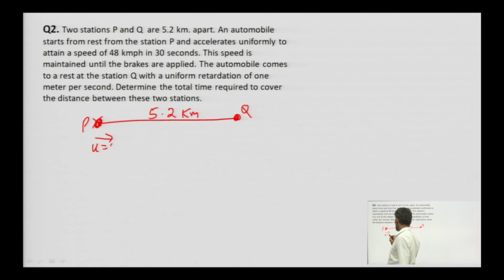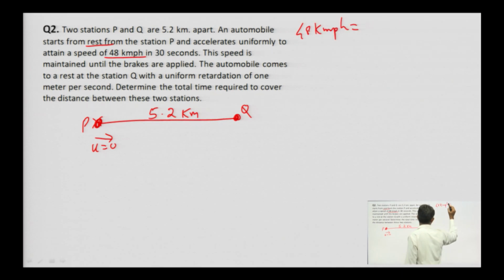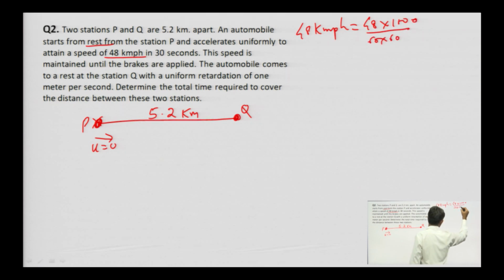At rest means u is equal to 0, at rest from the station P, and accelerates uniformly to attain a speed of 48 kilometer per hour. So, 48 kilometer per hour, that is equal to 48 into 1000 divided by 60 into 60.